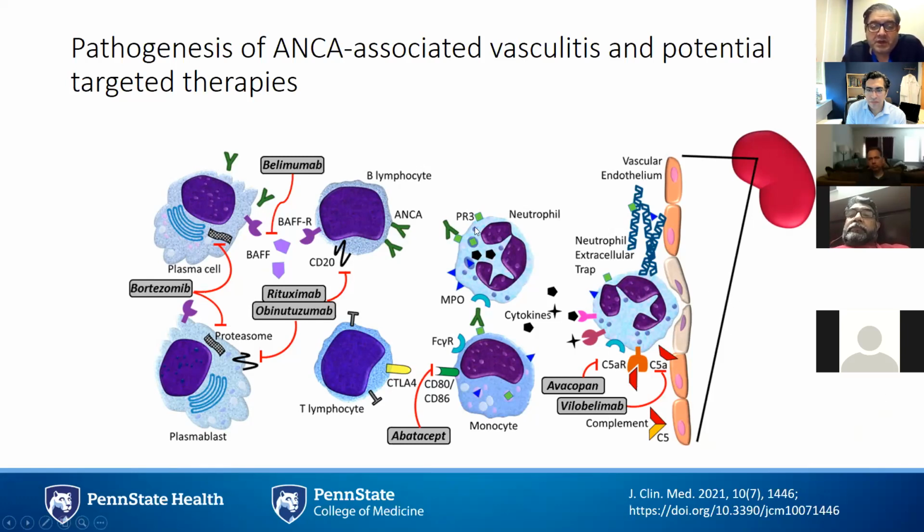So in this cartoon on the neutrophil, you're looking at these green boxes, which are PR3, and MPO, the blue triangles. They're sitting on the surface of the neutrophil, and an active neutrophil will actually move these from inside the cytoplasm to the surface. And this neutrophil activation can happen due to infections like a sore throat or a fever or something else, which just primes those neutrophils because of Th1 cytokines, and they extrude these PR3 and MPO molecules to the surface, and that provides the ANCA antibodies a target.